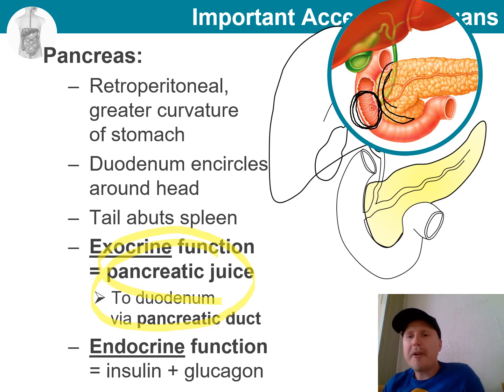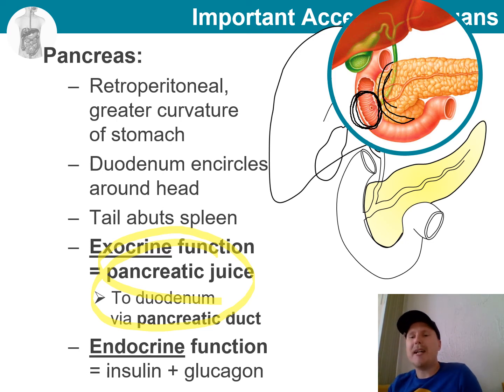And this watery alkaline secretion neutralizes the acidic contents released from the stomach. Remember, many of the digestive secretions were unable to function in the acidic environment of the stomach, but now they definitely do a great job in the small intestine.